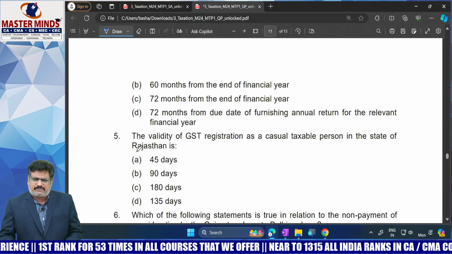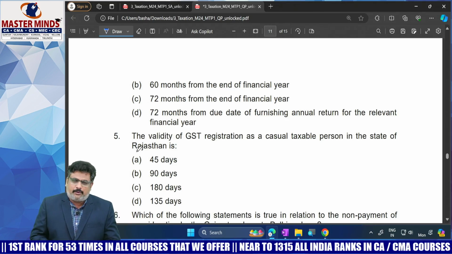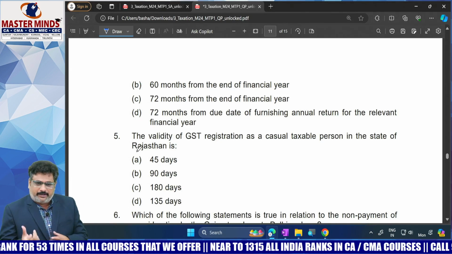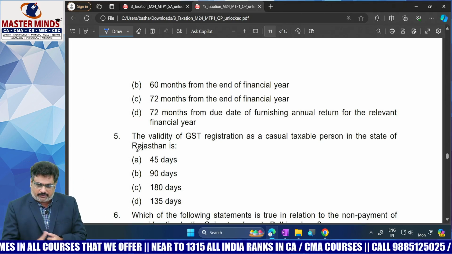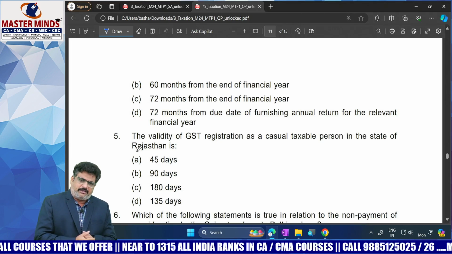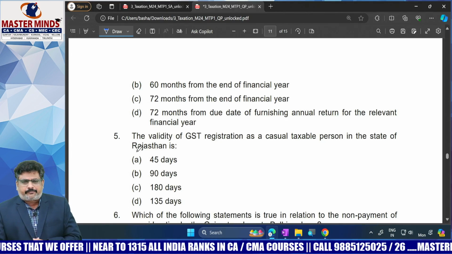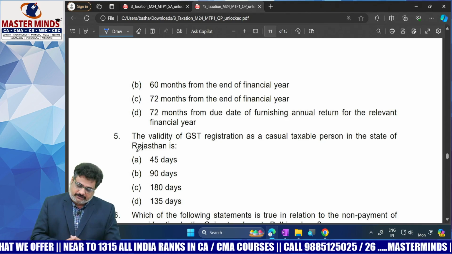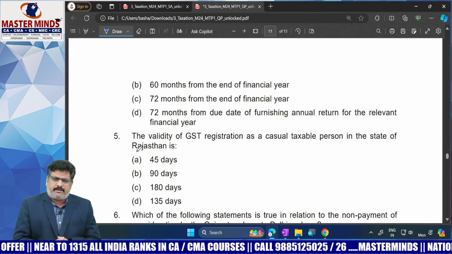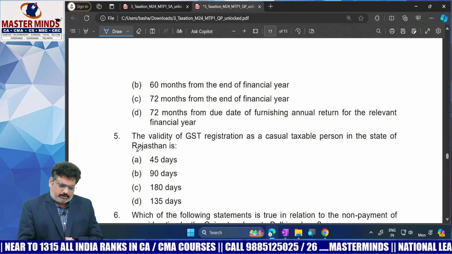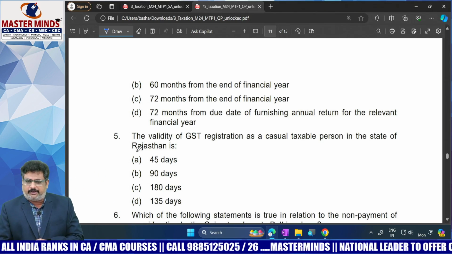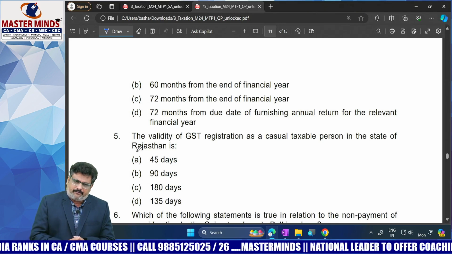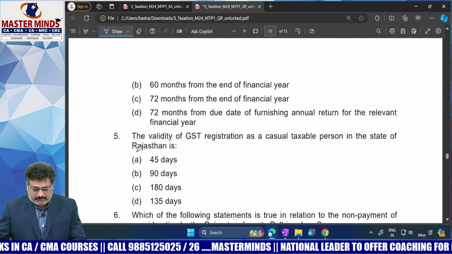I think this is a straightforward question, even though this point cannot be seen from the case study that was given. What we can say is, this is a straightforward question. For the retention of books of accounts, what is the time limit? 72 months from the due date of furnishing annual return for the relevant financial year. Okay.